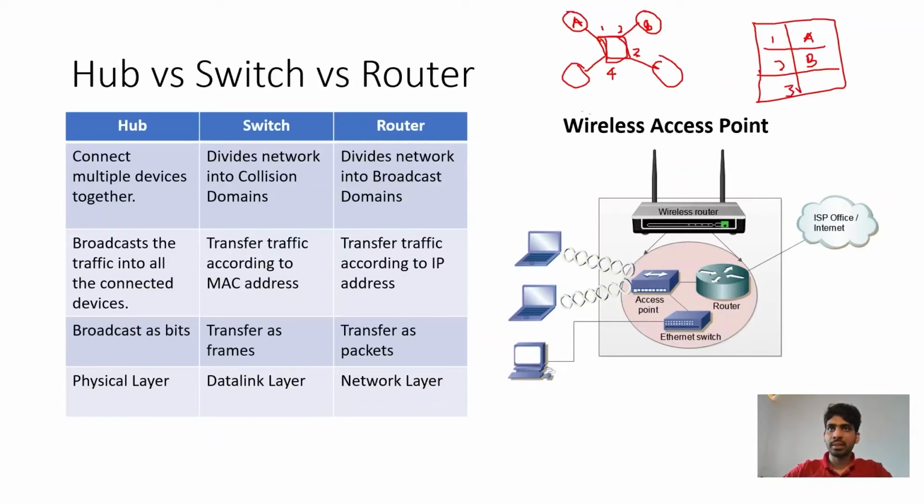This forwarding is done as frames. Earlier in the hub it was done as bits. That means if one computer sends a series of bits, the hub will broadcast it bit by bit. But in the switch, it transfers as frames. A frame is a bunch of bits collected together, like 1 0 1 0 1 1 1.